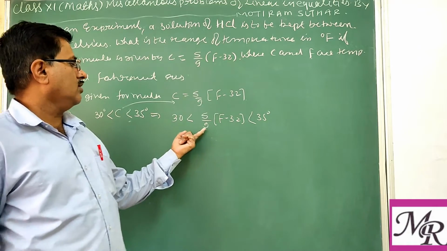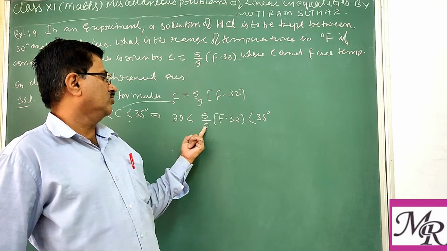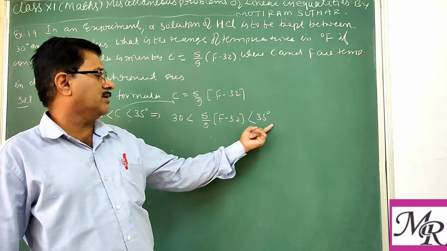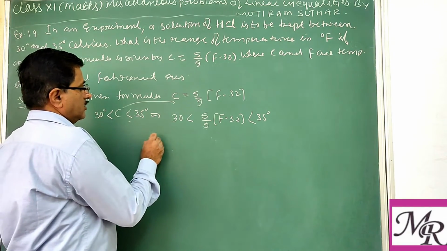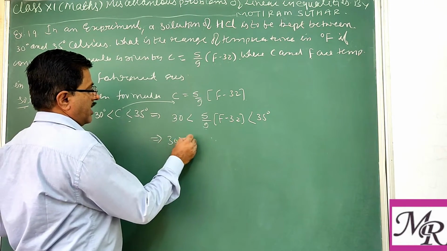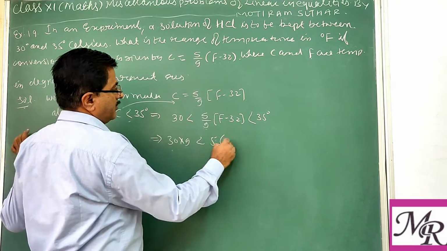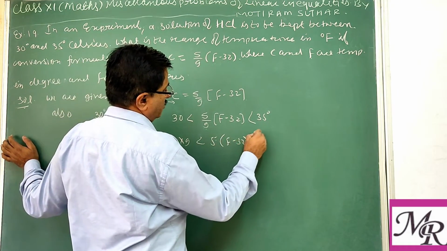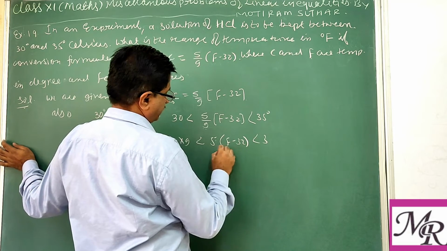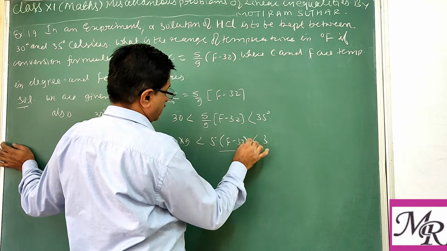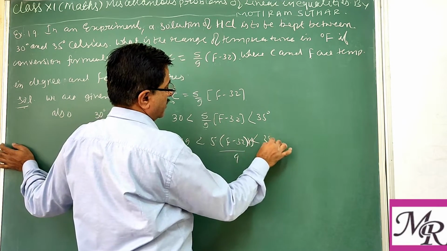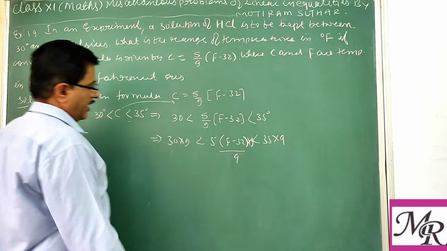Now how to solve a double inequality? First of all, we remove the denominator. So throughout multiply by 9. So you can write 30 into 9, 5 into F minus 32. Then here also you multiply by 9, 35 into 9.